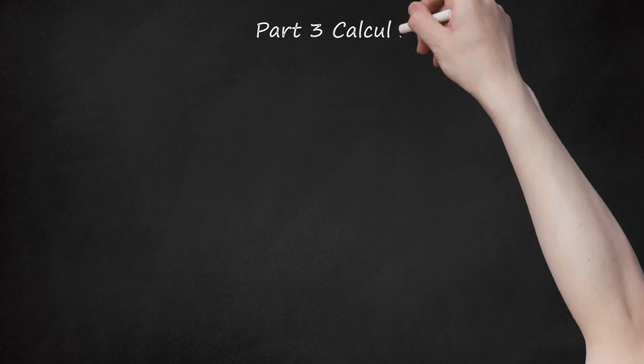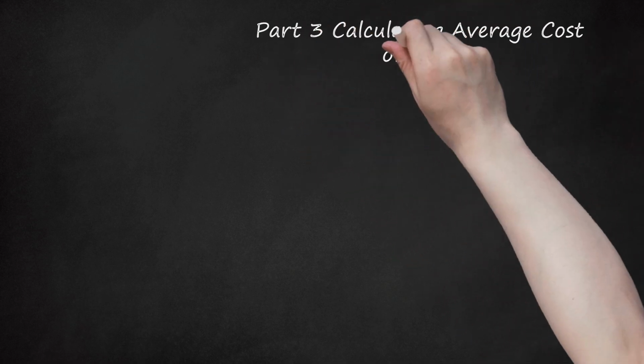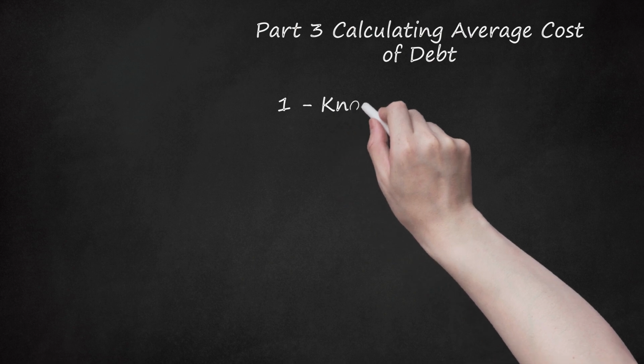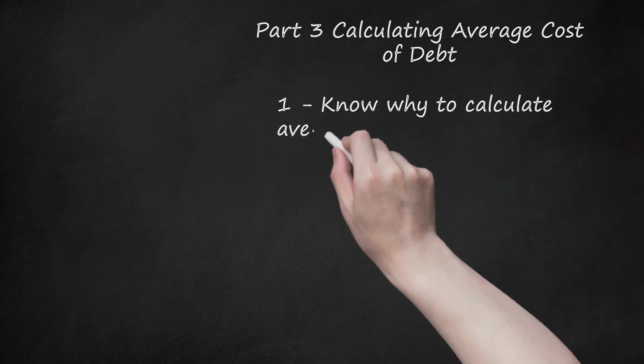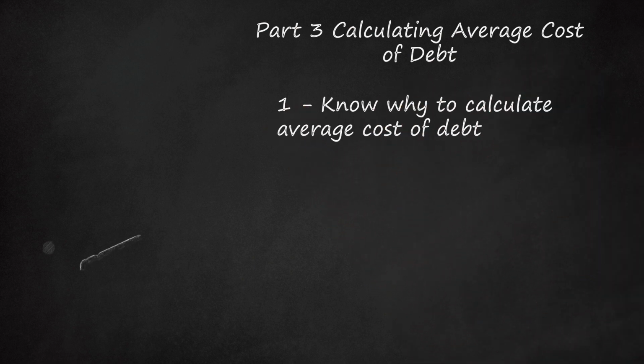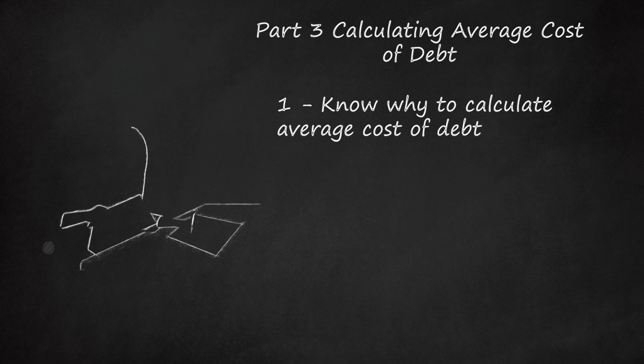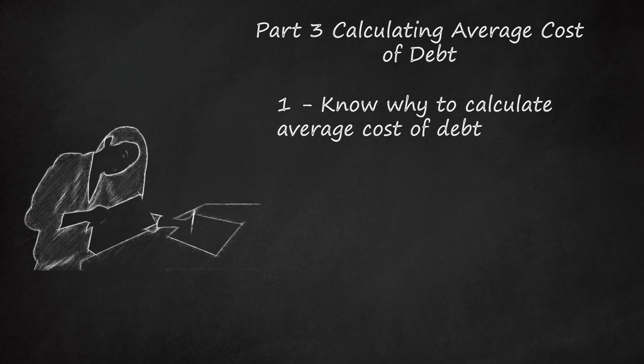Part 3. Calculating average cost of debt. 1. Know why to calculate average cost of debt. For many companies, especially large ones, debt financing will include more than one type of debt. At a simpler level, most companies will have different types of loans, perhaps several for vehicles and a property loan.